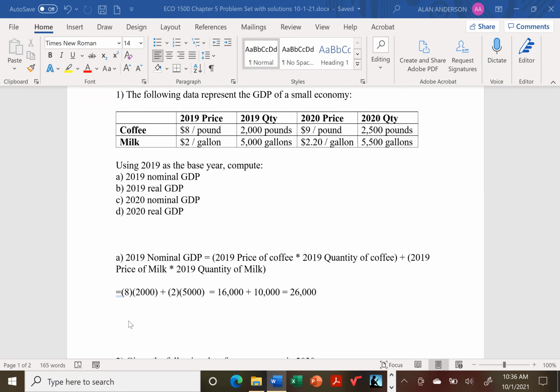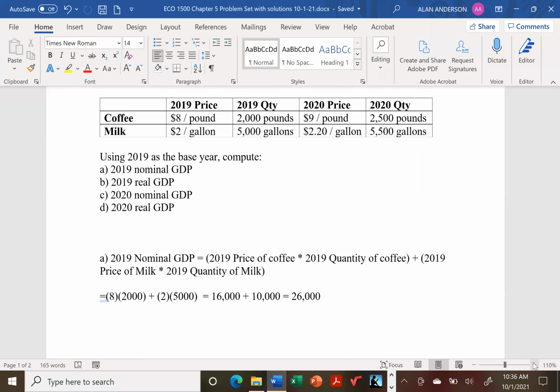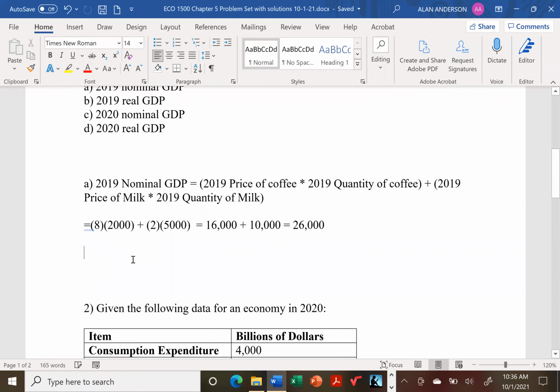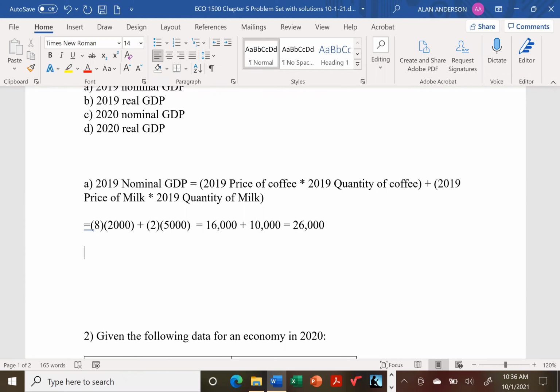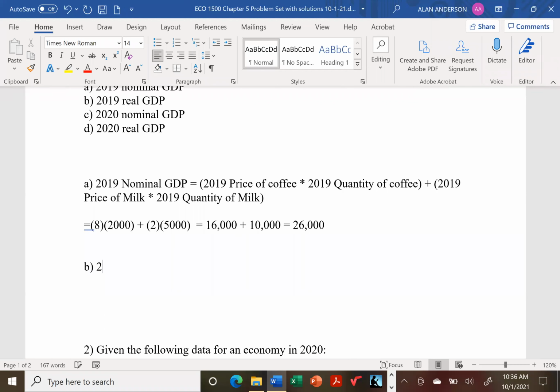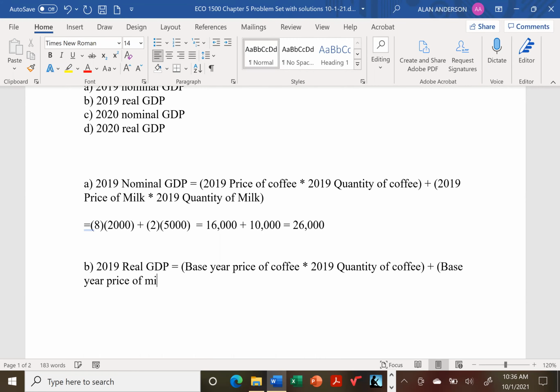Anyway, so let's do this for real GDP. Now, again, this is assuming that 2019 is the base year. So what I'm going to do is write it like this. 2019 real GDP would be the base year price of coffee times the 2019 quantity of coffee plus the base year price of milk times the 2019 quantity of milk.